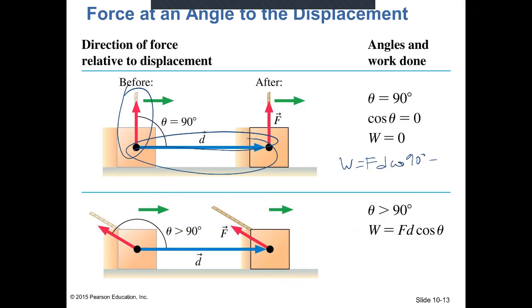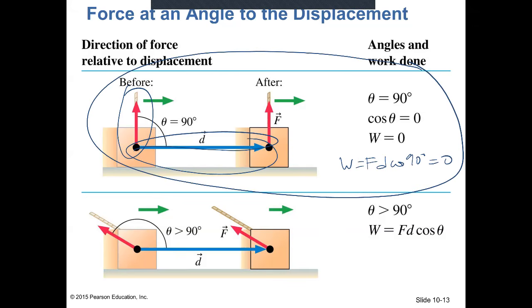Cosine of 90 gives you 0. That means any force perpendicular to displacement does 0 work. All right. So this is the condition where the work done is 0. The force has to be perpendicular to displacement. Every time that's the case, it doesn't do any work. That means it doesn't transfer energy into the system or remove energy from the system.